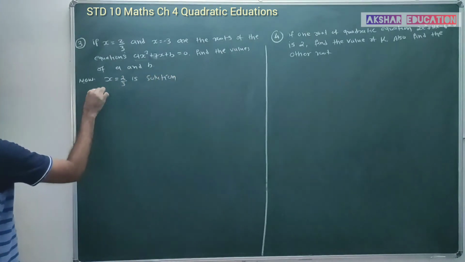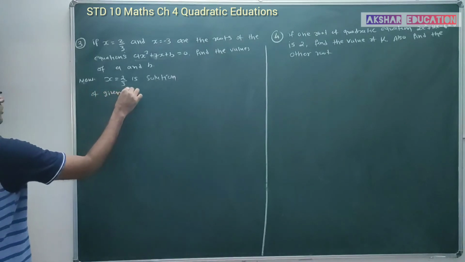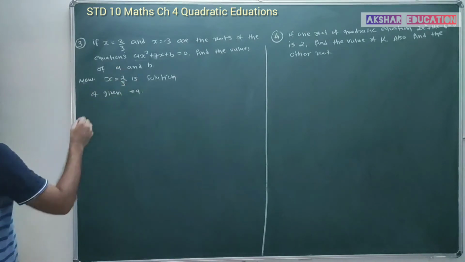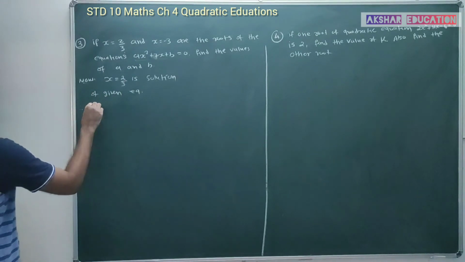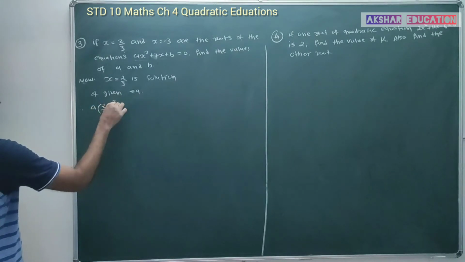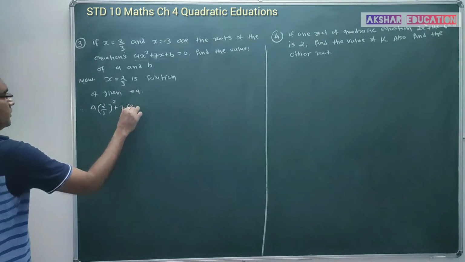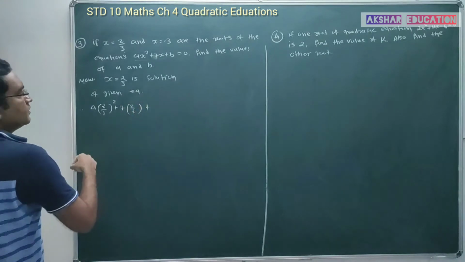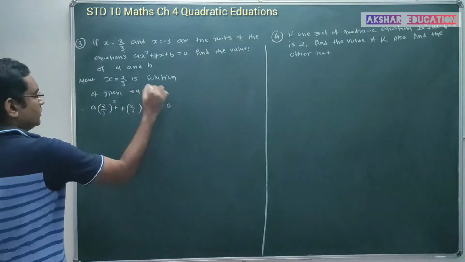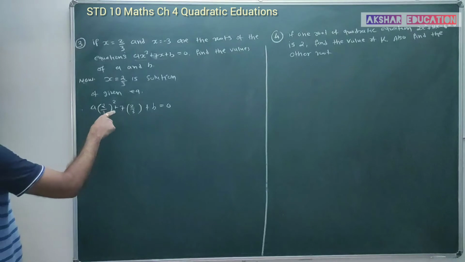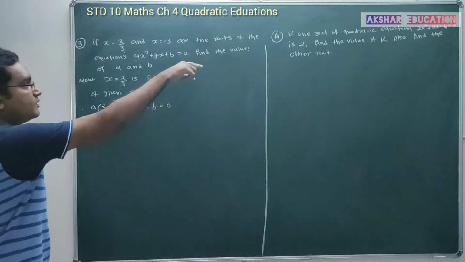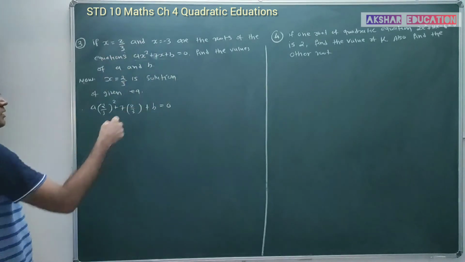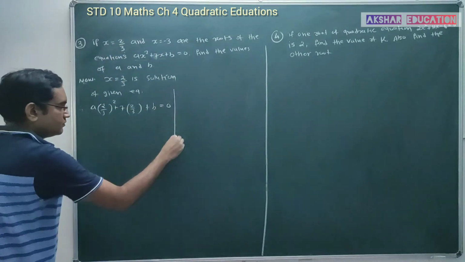And therefore we can write a into 2/3 whole square plus 7 into 2/3 plus b equal to 0. We can directly write the value of x. For this value of x the equation becomes 0, because it is already stated that x equal to 2/3 is the solution of this given equation.